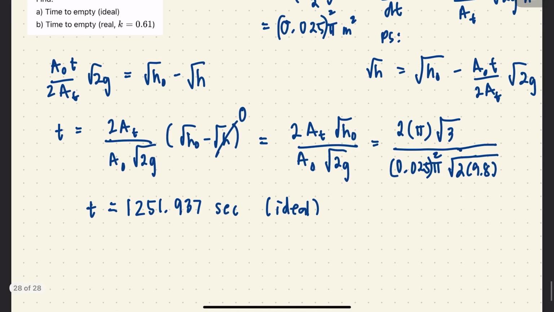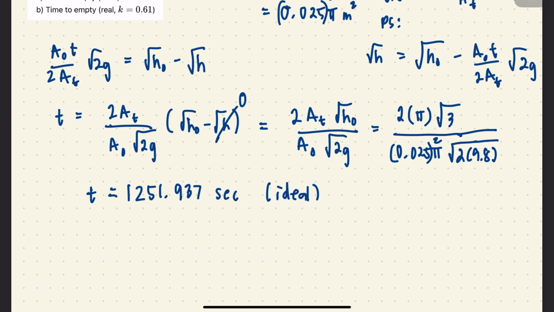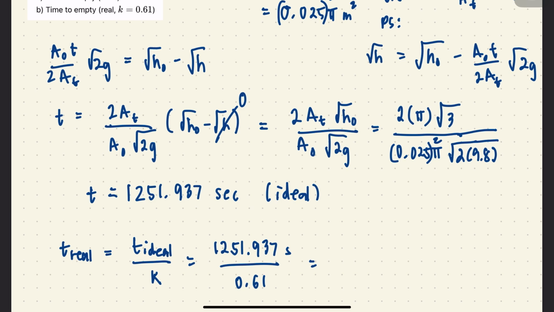To solve for the time to empty using the real model, you will use the discharge coefficient K. We will use the relationship: time to empty using the real model is equal to the ideal divided by K. So this turns out to be 2052.356 seconds.